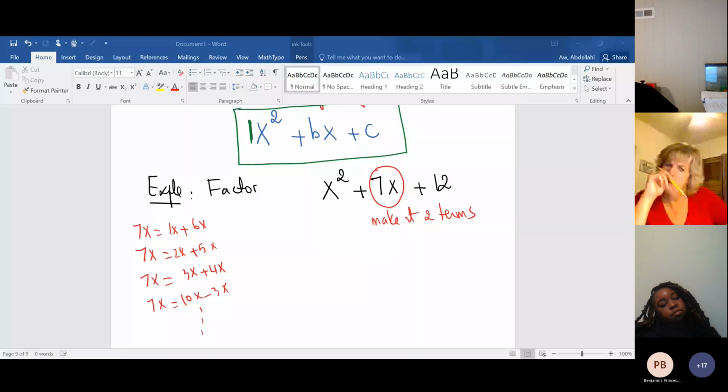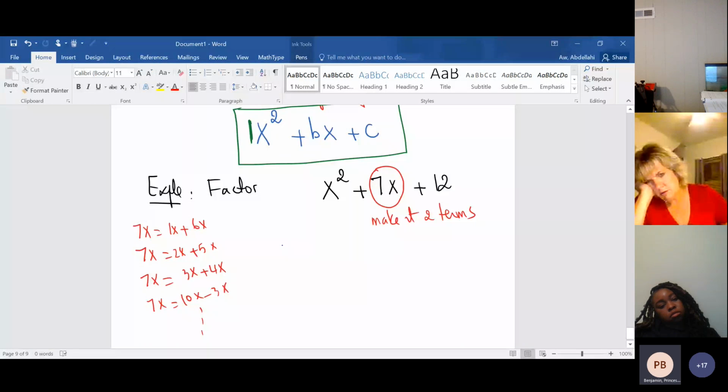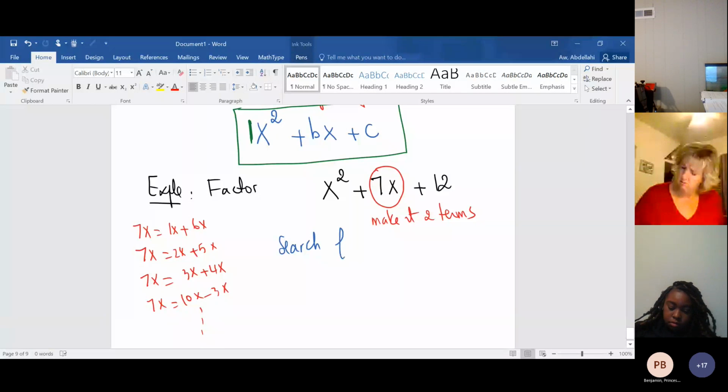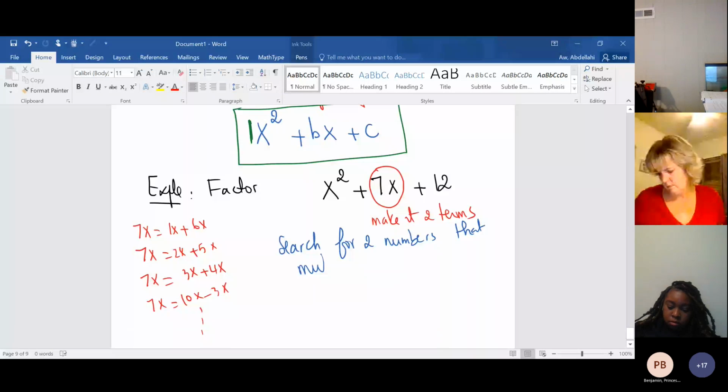You see, we're going to search for two numbers that multiply to 12 and add up to 7. And what is the 12? It's the last term right here.